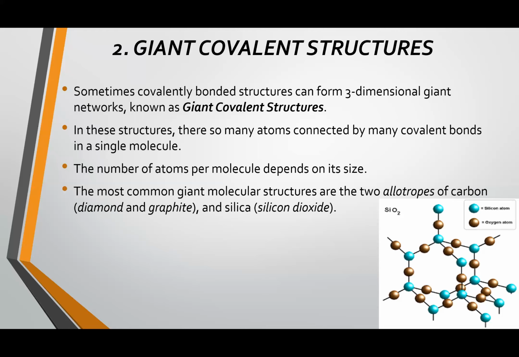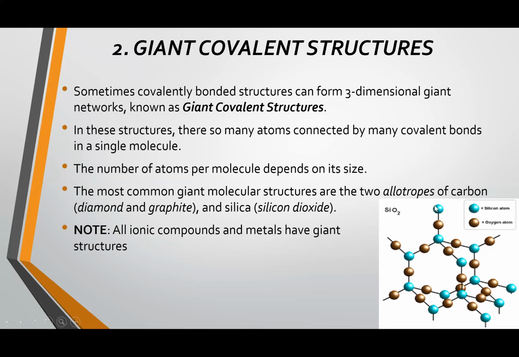The most common giant molecular structures are the two allotropes of carbon, diamond and graphite. Another example is silicon dioxide, the common sand we know. Down here we have a diagram showing silicon dioxide.